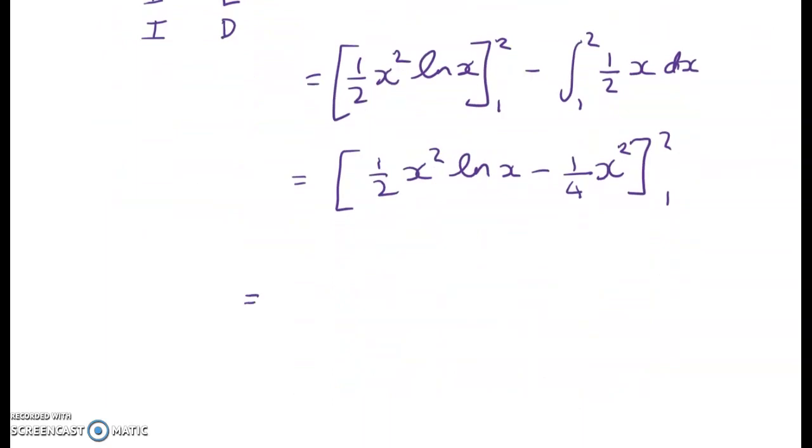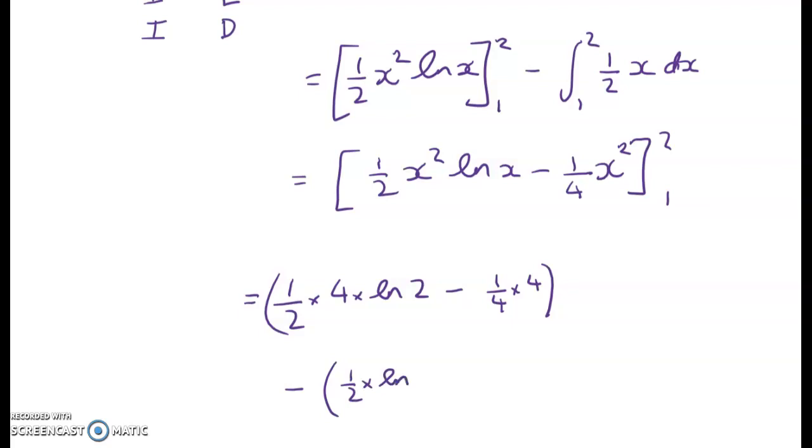Now substituting in, don't hang up because I'm actually going to go over how to integrate log of x, and then we'll do the complex numbers stuff. So we've got what? Let's take the half. No, let's just do it like that. So I've got 1/2 times 4 times the natural log of 2 minus 1/4 of 4, take away 1/2 of log of 1 minus 1/4.